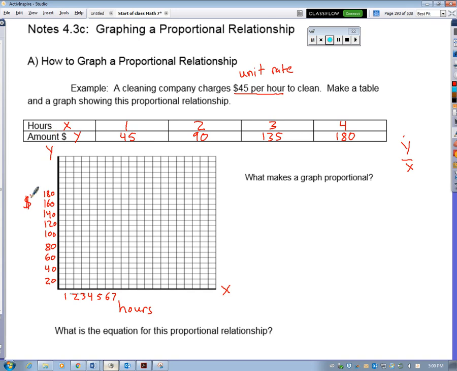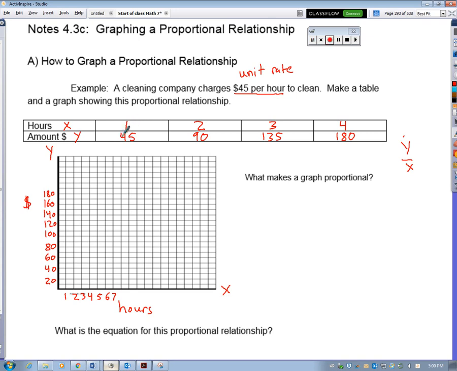Our y, these numbers here, is the money, which we already called y, and x, the x-axis down here, is our number of hours. And this is why we had to go through all the x and the y stuff earlier in the chapter, because these are actually coordinates that we are going to graph. These numbers that go together, we're going to graph these.